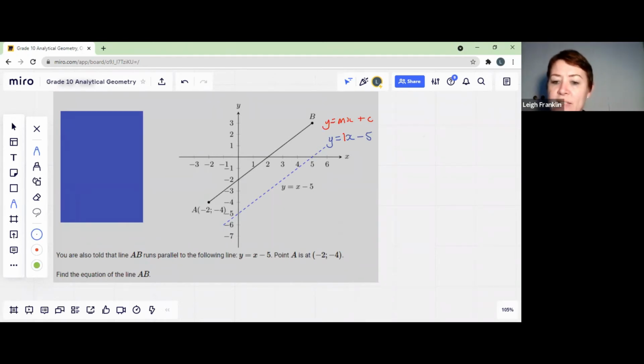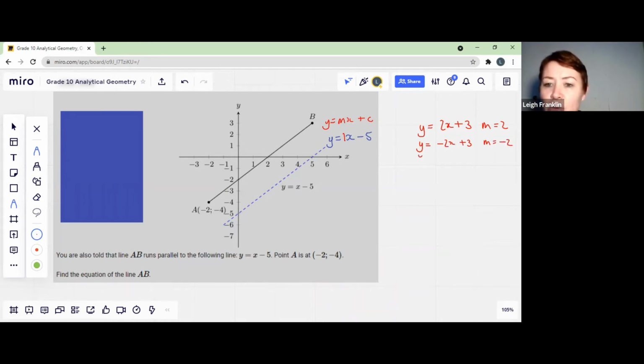Okay, so if they say to you the line is y equals 2x plus 3, then they're telling you that the gradient is 2. If they say to you there is a line y equals minus 2x plus 3, then they're telling you that the gradient is minus 2.